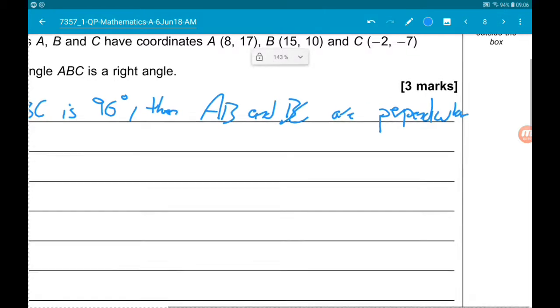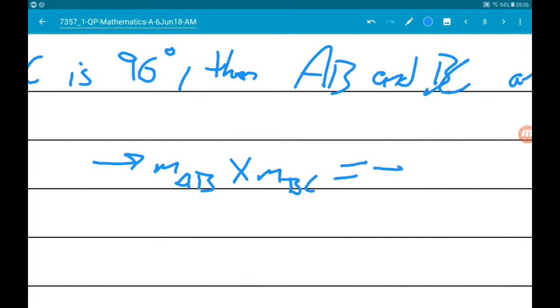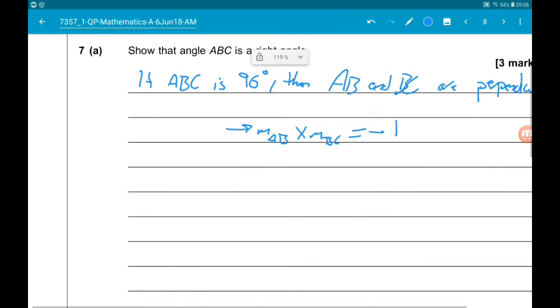Now that means that the gradient of AB times the gradient of BC will equal -1. So, let's see what happens.